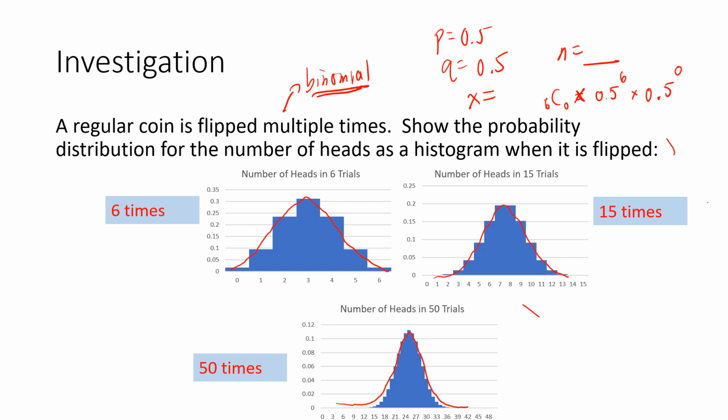So what does this mean? For a certain number of trials, we can get a good estimate of the probabilities for a binomial distribution, and this also applies for the hypergeometric distribution if we have a large enough number of trials. And if the probabilities of a success or failure are within a certain range, and we have a certain number of trials, then we can model it using the normal distribution.